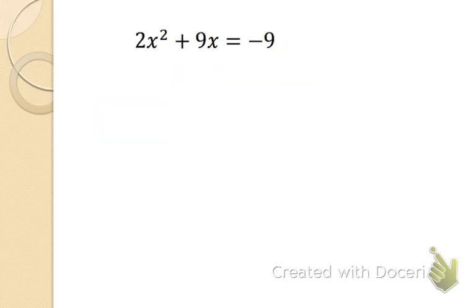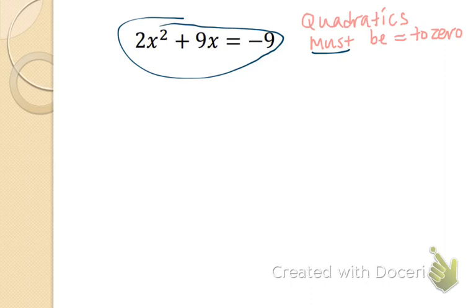Okay. Another one. 2x squared plus 9x is equal to negative 9. Now, if you've noticed something about the previous examples, they've all been equal to 0. Well, that's because the zero product property says they must always be equal to 0. In this equation, it's not. So what we gotta do is get it equal to 0.